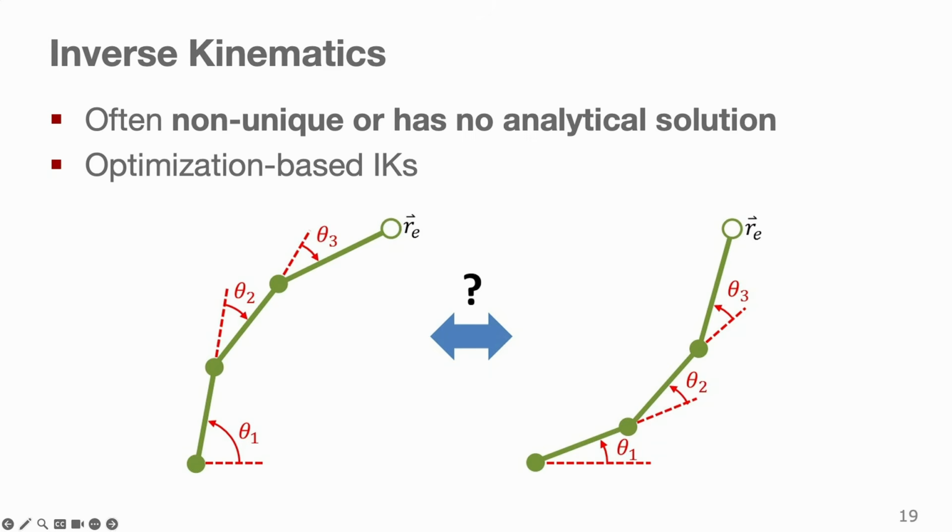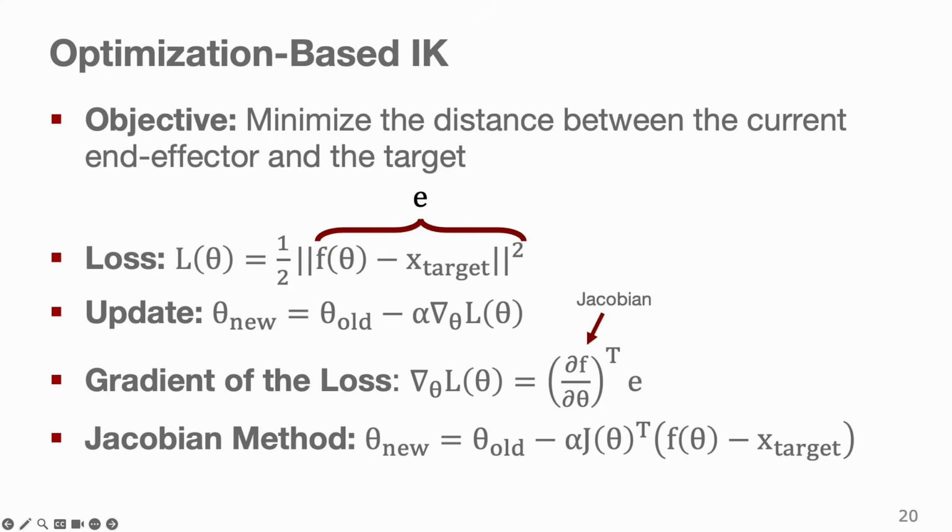So in practice, we often use optimization-based inverse kinematics, where we define a cost function, like the distance between the current pose and the target pose, and add some secondary constraints, like staying away from obstacles, that help us solve this with gradient descent.